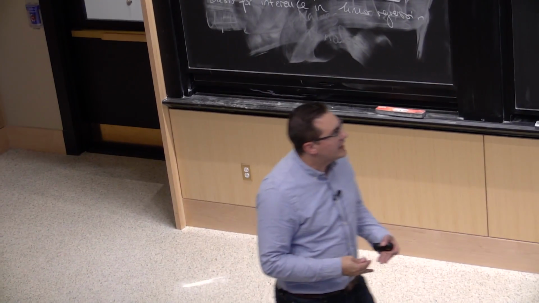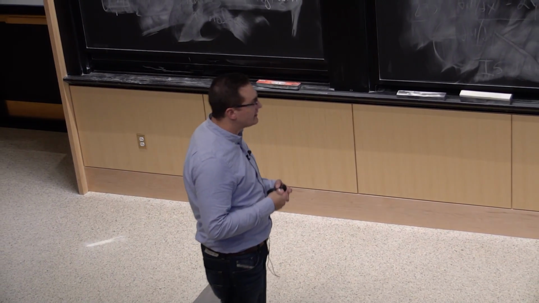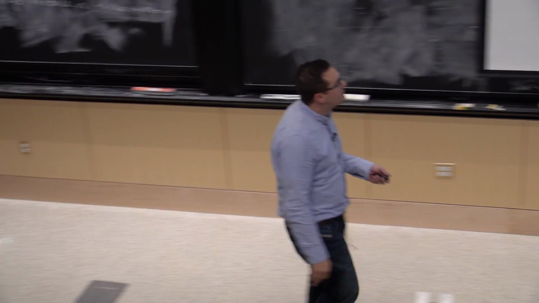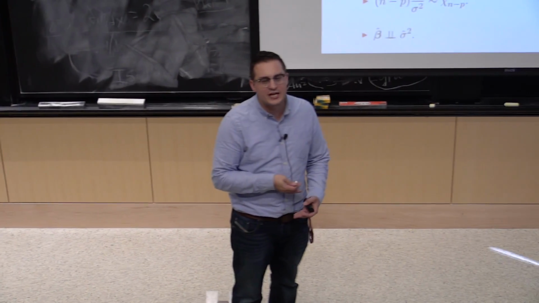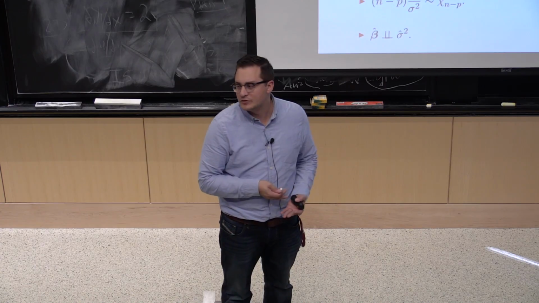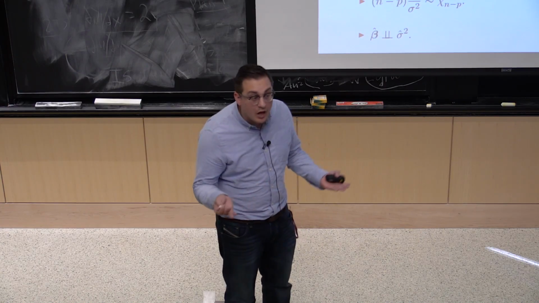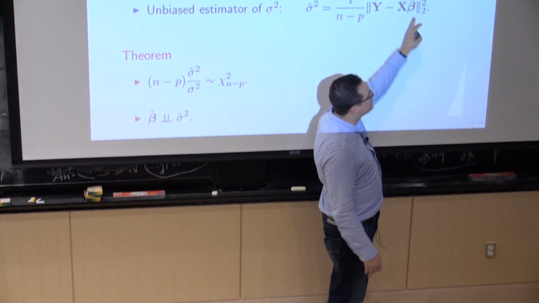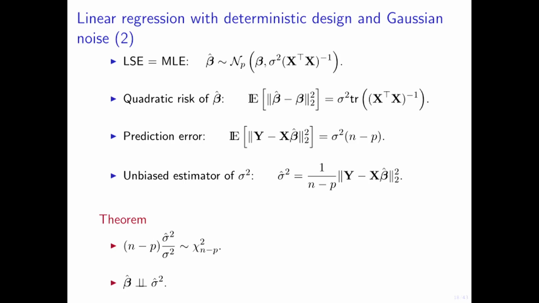So in a way, that's correct, because what happened is that we used the fact that X beta hat is really just a projection of y onto the linear span of the columns of X, the column span of X. In particular, those things, y minus X beta hat, are called residuals.